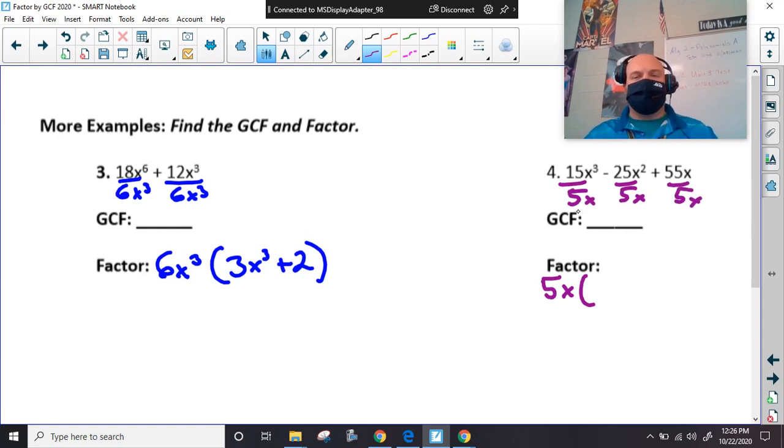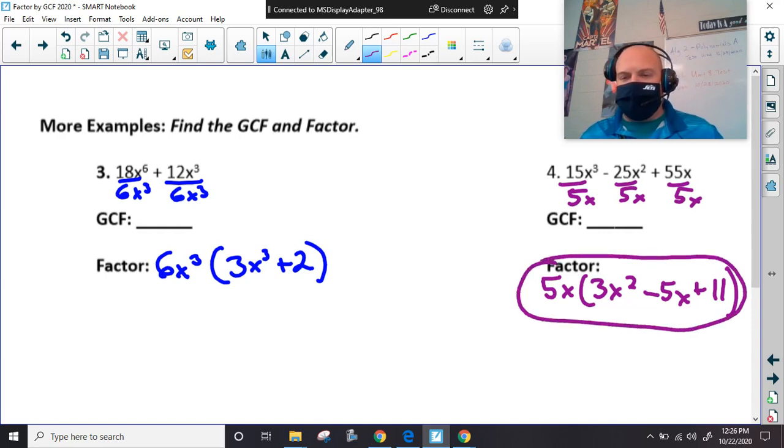All right. 15 divided by 5 is 3. If I have 3 x's, I take one away. I'm left with 2. Negative 25 divided by 5 is 5. If I have 2 x's, one of them goes away. I have 1. 55 divided by 5 is 11. And the x's will cancel.